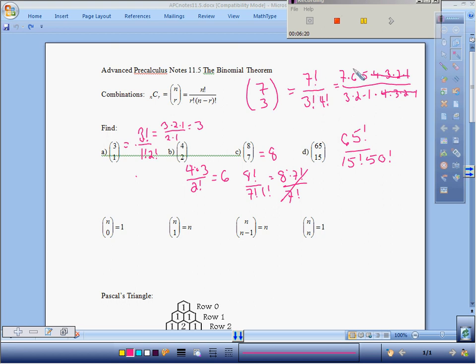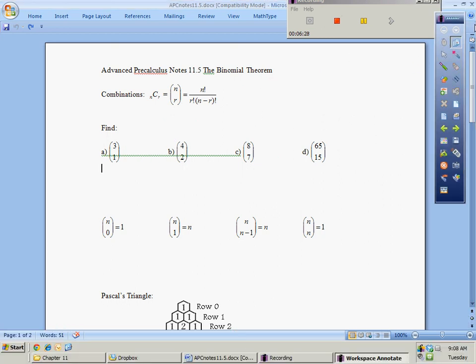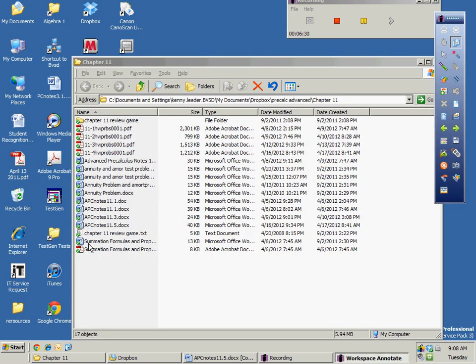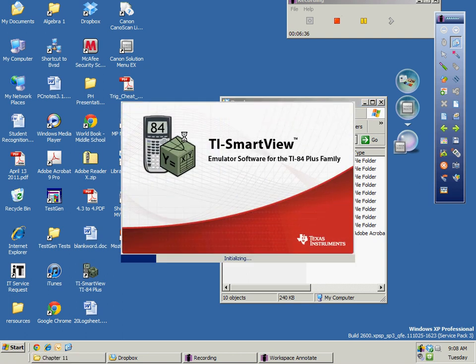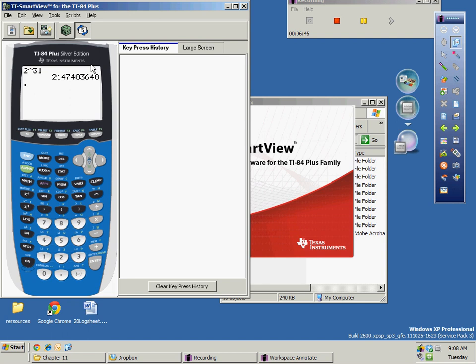If you go over to math, let me show you, sorry. If you go over to math, but we're not done yet. Now we got to teach about the binomial, how that applies to binomial theorem. So in this thing, if you hit math, and then you go over to PRB, which is over here.